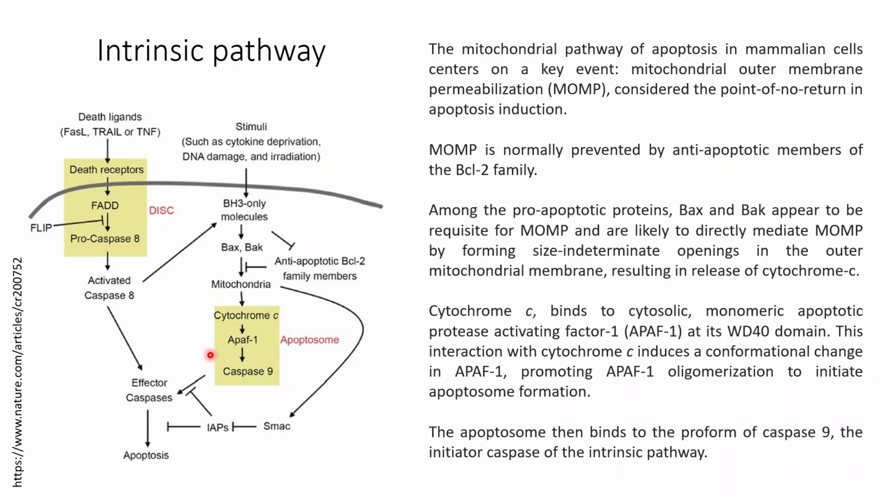It will convert procaspase 9 into caspase 9, and this complex is called the apoptosome. Once cytochrome C binds APAF1, it promotes oligomerization and initiates apoptosome formation. This can then lead to the same target, effector caspase 3 and 7 activation, leading to apoptosis.